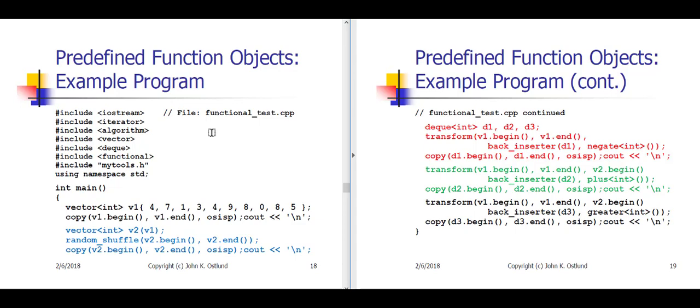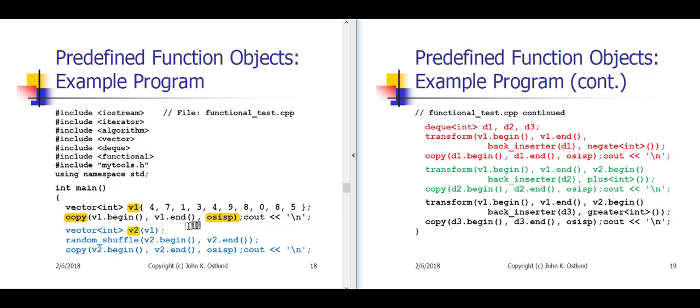Okay, so let's take a look at slide 18 first. v1 is a vector of int, and we've got 10 int values initially within v1. And this copy algorithm is going to display those values separated with spaces to the screen.